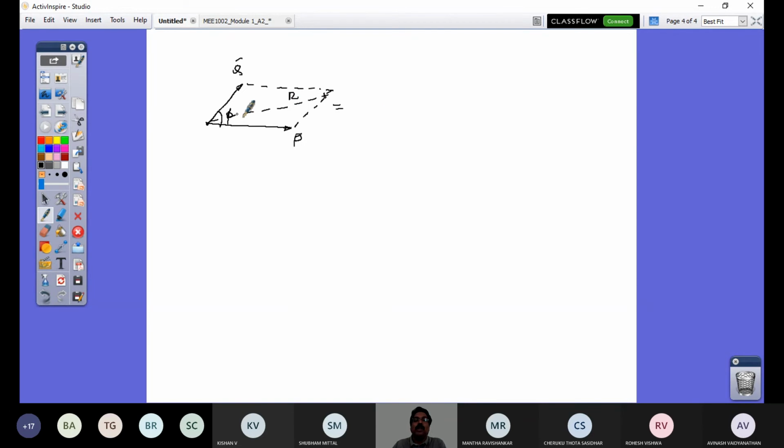Now I'm going to take one of these congruent triangles. One is this P, another one is this R, and then this Q. Now in this, I'm going to extend this P vector, and drop a vertical from the Q vector, and I form a right angle triangle here.